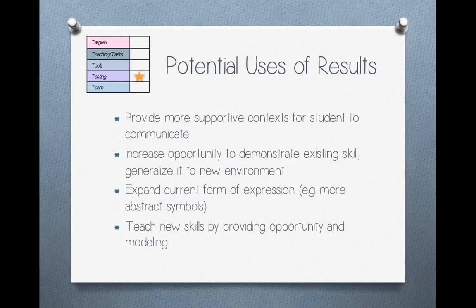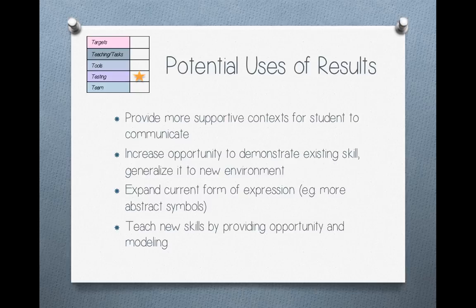And then we may determine what new skills we want to teach, and we do that by making sure there's an opportunity, that space for the child to demonstrate the skill, and then doing modeling or instruction, teaching them in that moment how to use that particular skill.